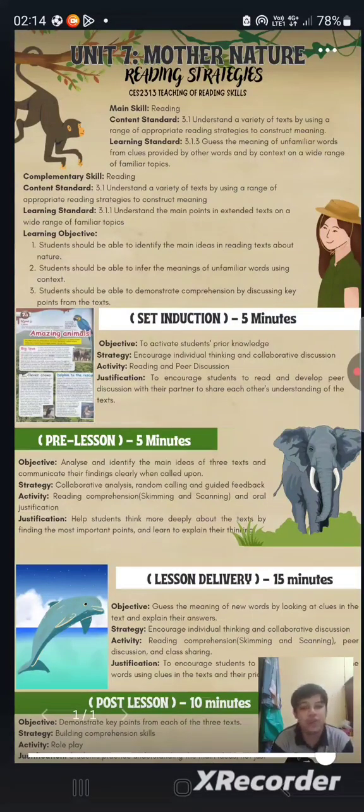Basically, I'm going to task them to search for their pair, read the text and discuss with each other about this text. What is the text about? So the justification for this is to encourage students to read and develop peer discussion with their partner to share each other's understanding of the text. Basically, they will share their thoughts about all three texts with each other, so they can see their friend's perspective.